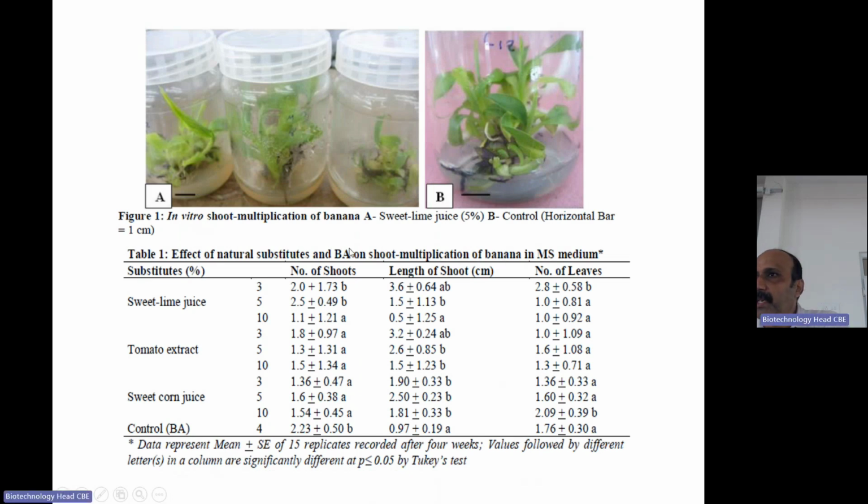And also other undefined media can be used, like sweet lime juice, tomato extract, sweet corn juice. All these natural substitutes or undefined media can also be added to the media for producing many shootlets.